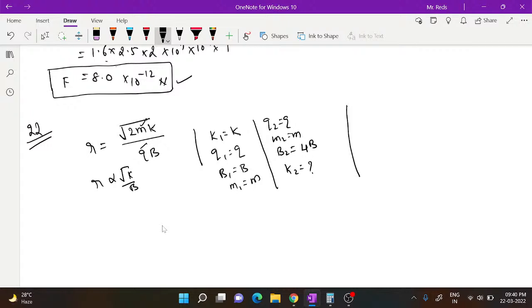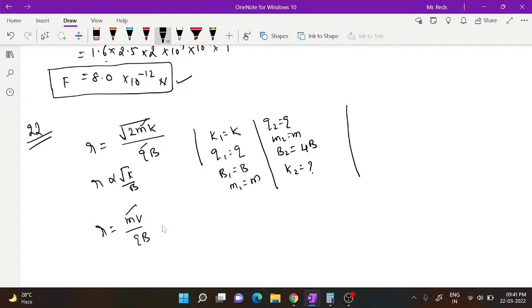Actually, without this you can say R is equal to mv by qB.